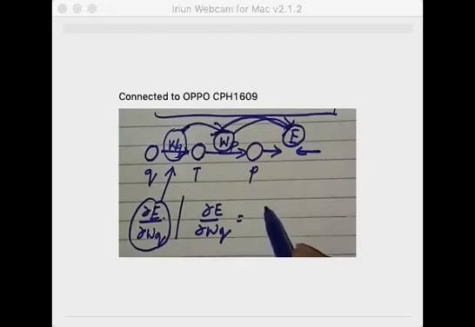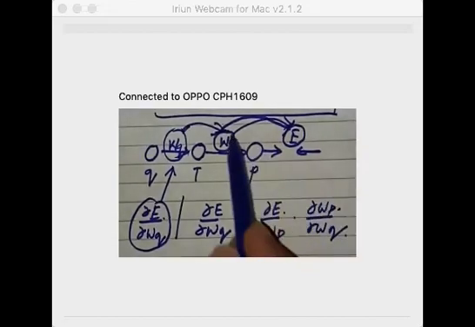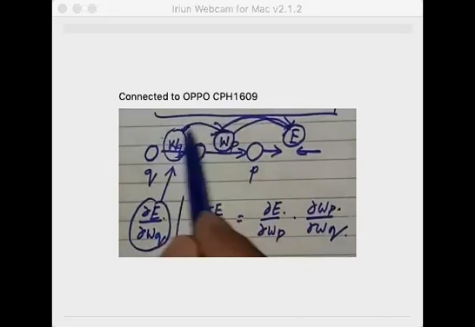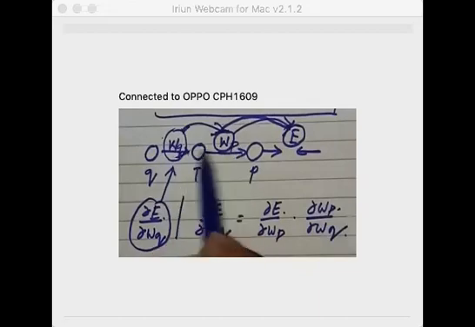For example, I can actually write down this expression. I can say that partial E with respect to WP, I can calculate this, and then I can actually calculate this expression also. ठीक है, क्योंकि P और Q आपस में WP and WQ are directly connected through a single neuron.